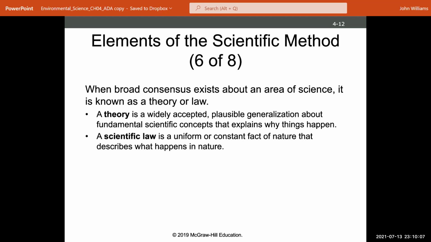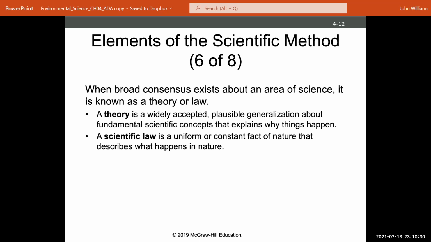Okay. And so it hasn't had a lot of evidence, a lot of support, decades of work. And so it's really not strongly supported yet. You can do science on your hypothesis, and others can expand on your hypothesis. And eventually, if there's a lot of support, it can become a theory.